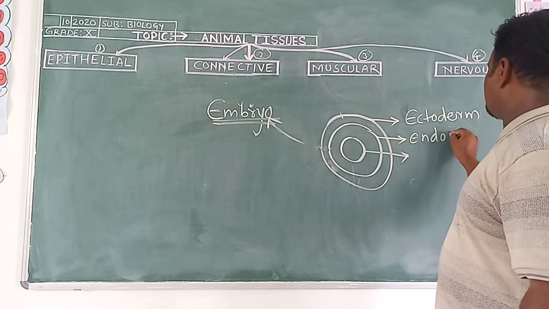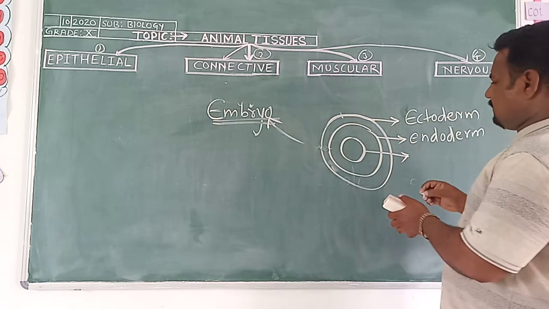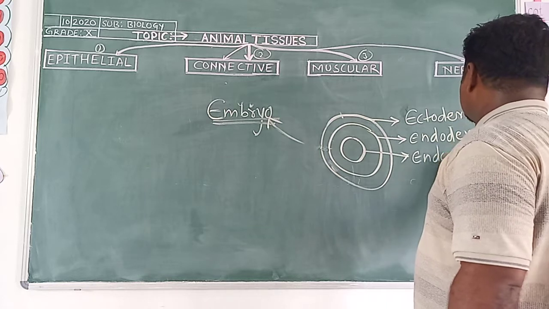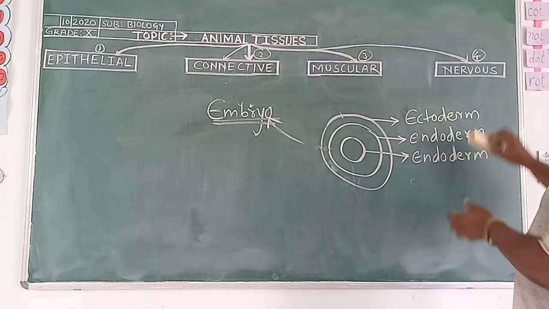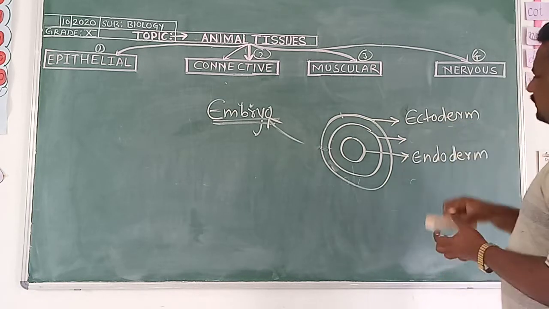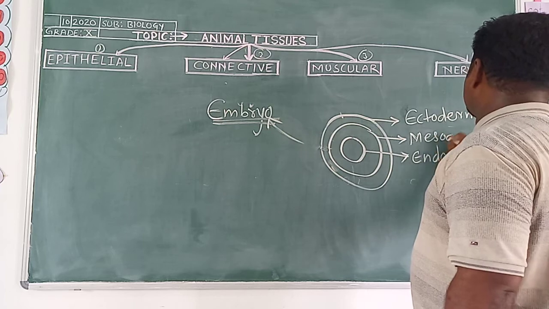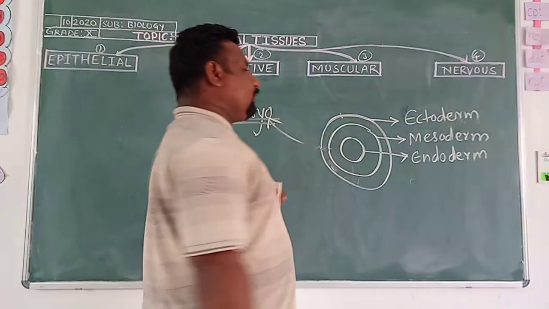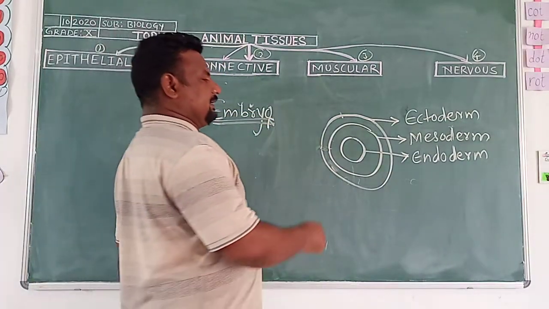Endo, and this is endo, and this will be the mesoderm. See here, the embryo is showing 3 layers. How many layers is the embryo showing? 3 layers.